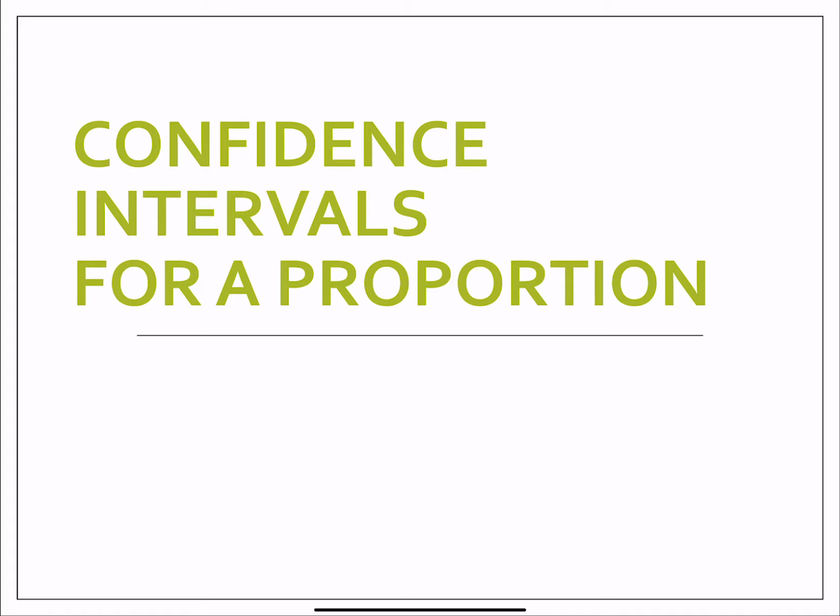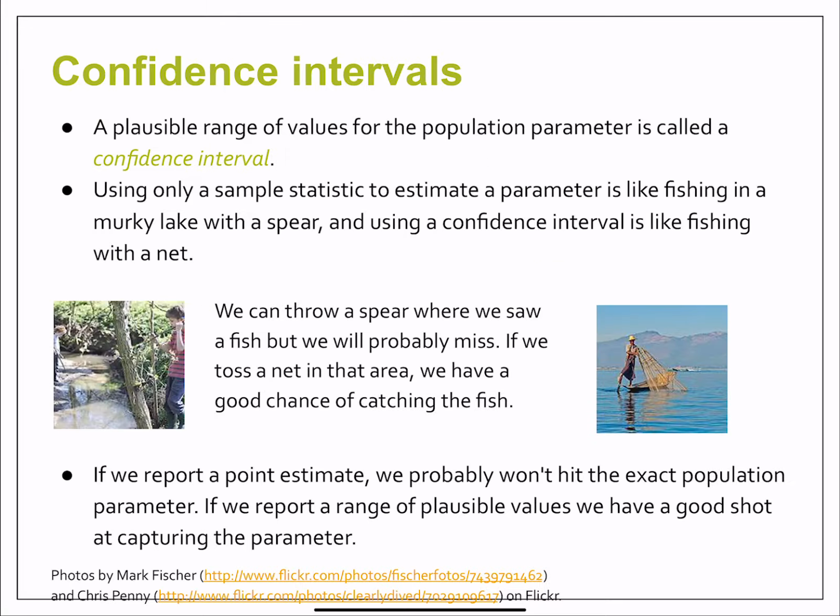Now we need to say how confident we are that this is the actual answer. So we call the range of possible values that we're guessing, our range for our guess, a confidence interval or a margin of error, right? And again, it's kind of like what we did with the age part.